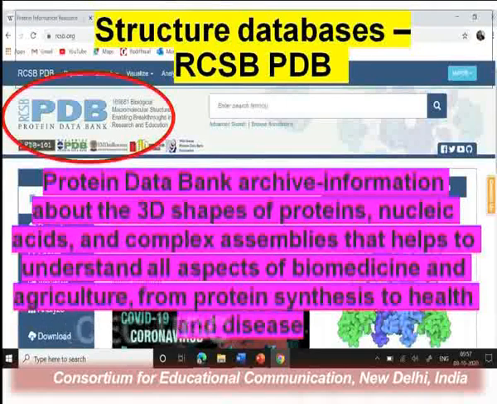Most of the 3-dimensional pictures of proteins and nucleic acid structures come from these Protein Data Banks, and they store all information about the 3D shapes of proteins, nucleic acids, and complex assemblies that helps to understand all aspects of biomedicine and agriculture, meaning it includes all information from protein synthesis to health and diseases. It's really interesting to work with these structure databases.